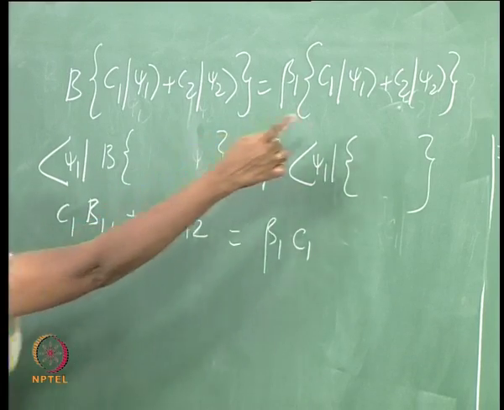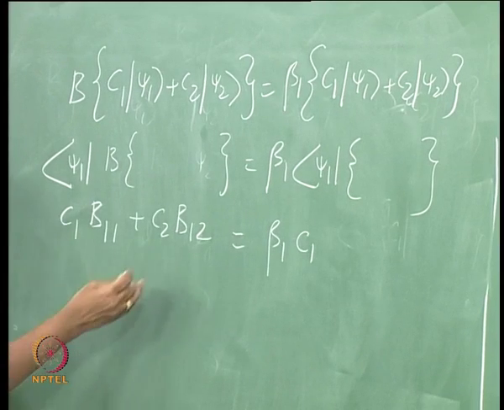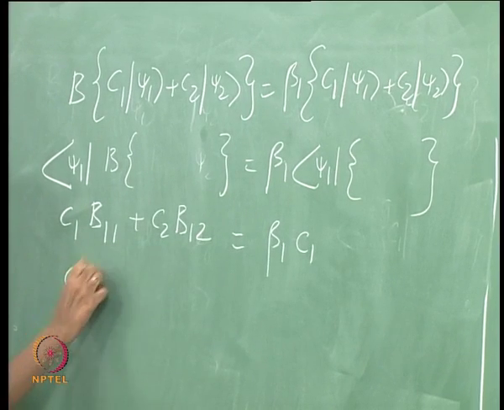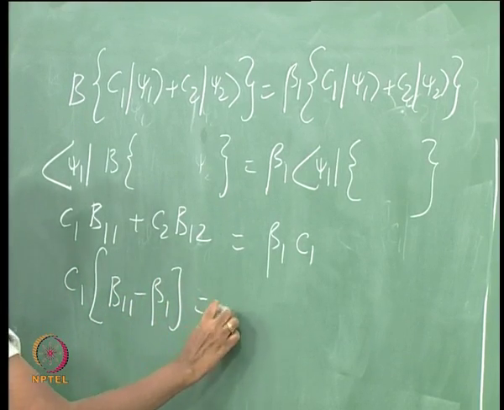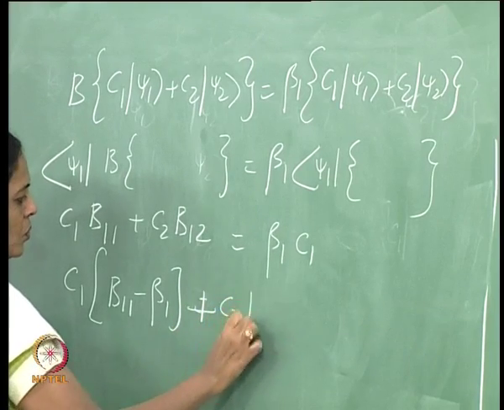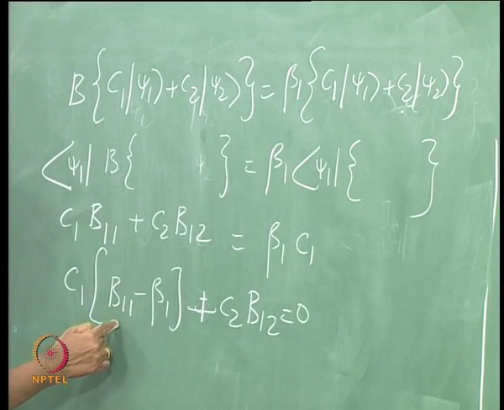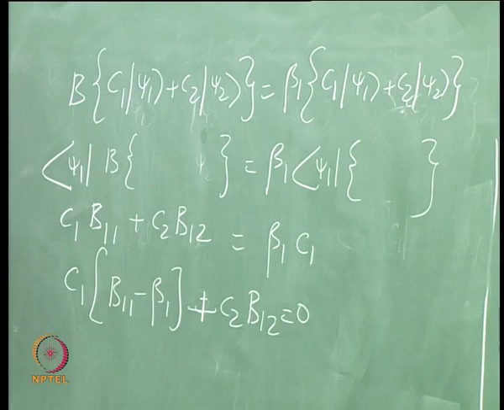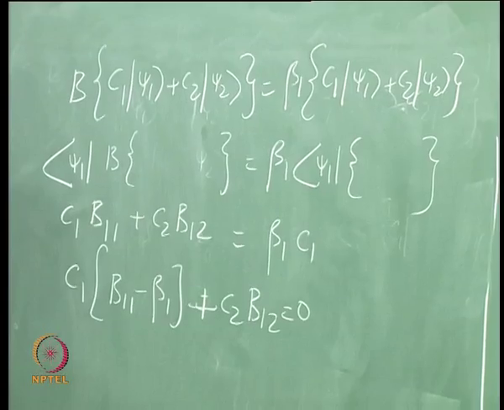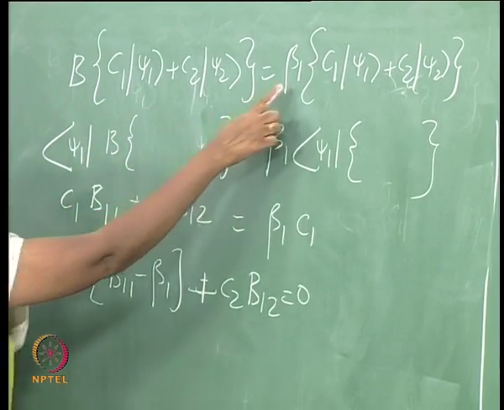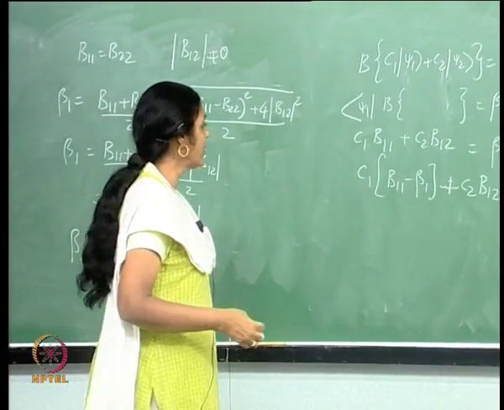The second term drops out because psi 1 is orthogonal to psi 2. B11 is not 0, B12 is not 0. Therefore, I have C1 times B11 minus beta 1 plus C2 B12 equal to 0. Neither B11 nor B12 are 0. This would therefore lay conditions on C1 and C2. Similarly, if I started with beta 2 here, it would lay a different set of conditions on C1 and C2.